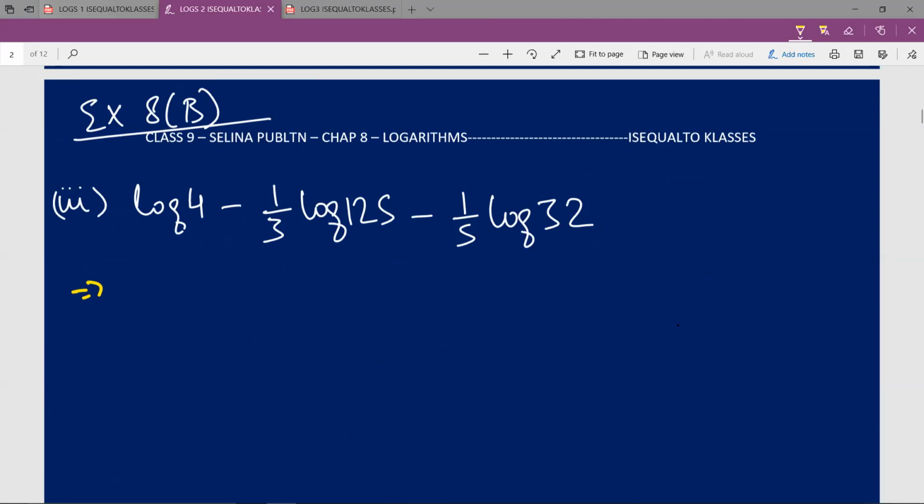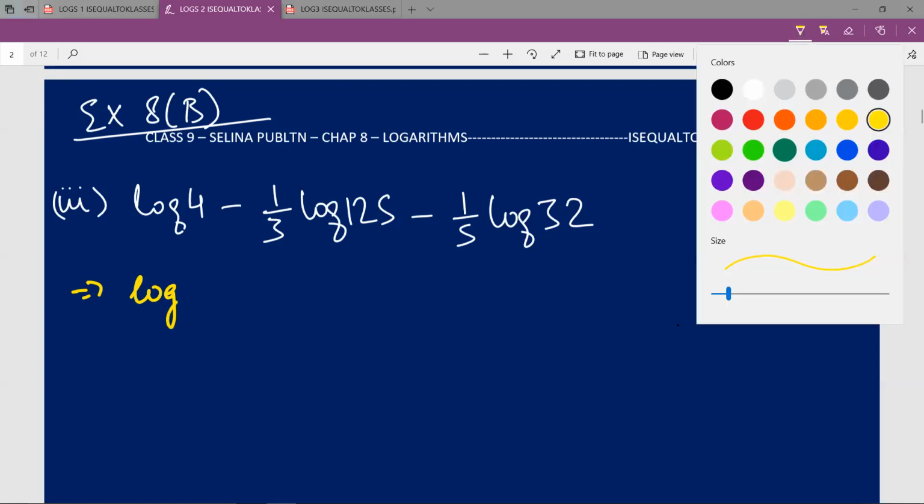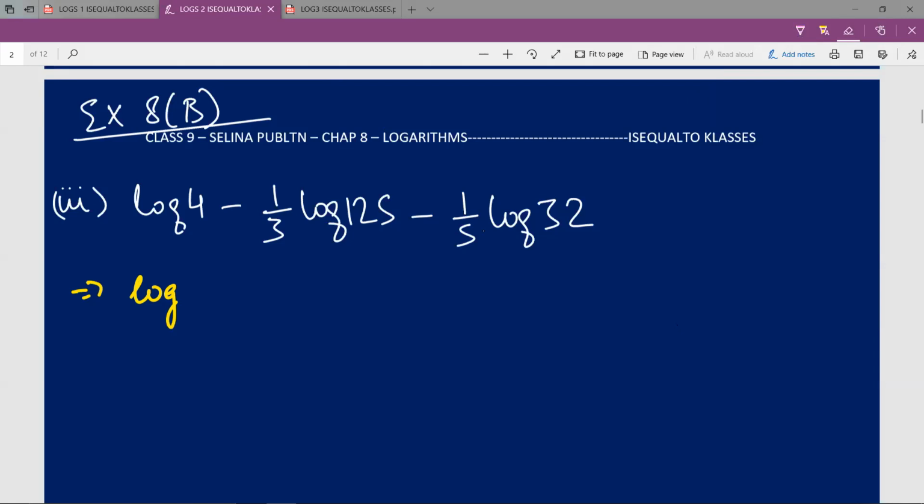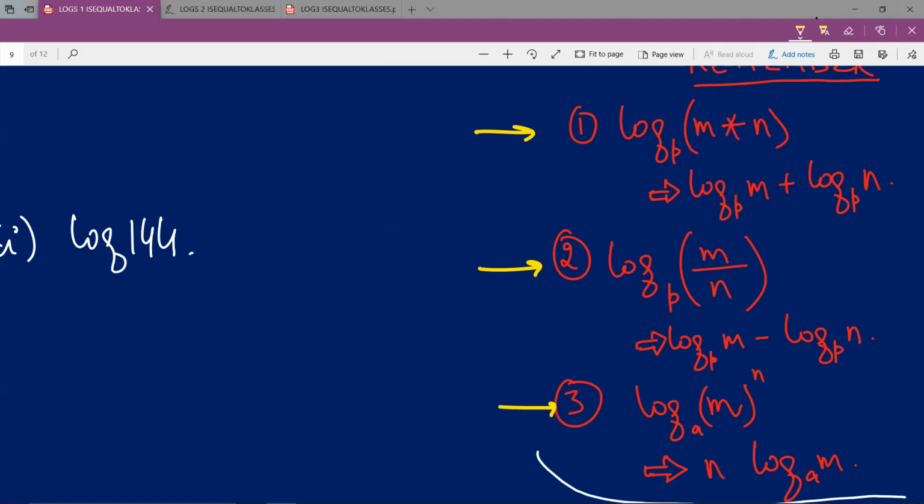Okay, so log 4. I'll just change the color to, let's say, pink, and I'll rub this. So I could write it as log of 4 minus, now, again, according to the third law, that is log of m to the power n to the base a is equal to n into log of m to the base a.